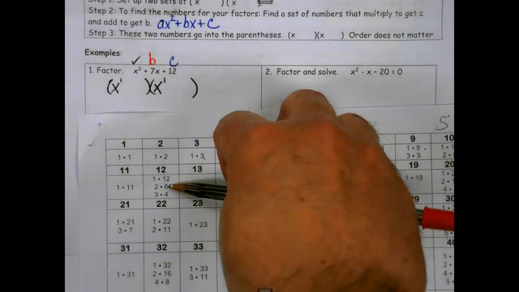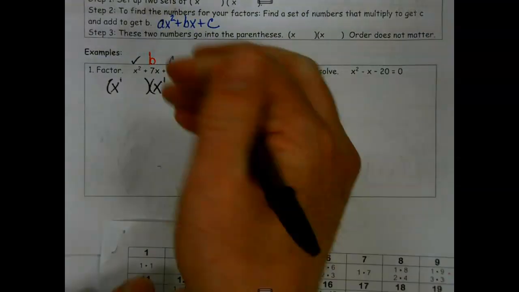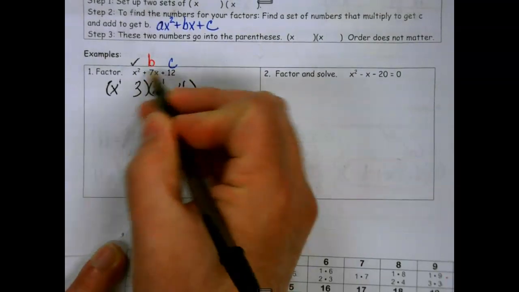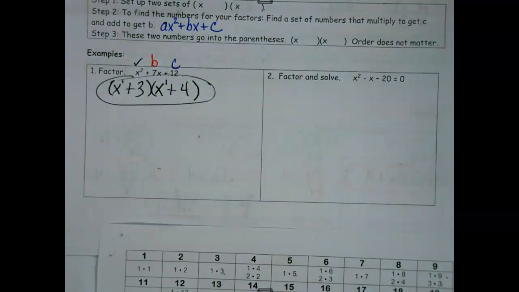That doesn't add up to 7. Ooh, but that does. So 3 and 4 are the magic numbers, and since everything here is plus, we just put pluses in with those. We're done. We're factored. Just that quick. So not bad. Not bad at all.